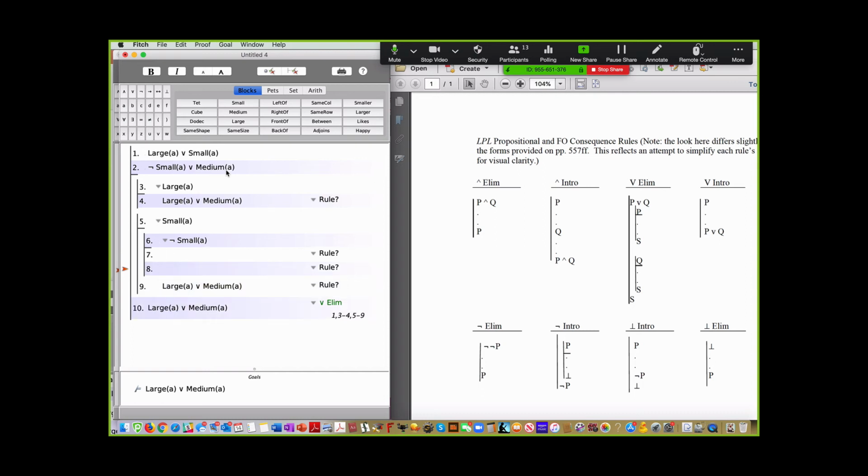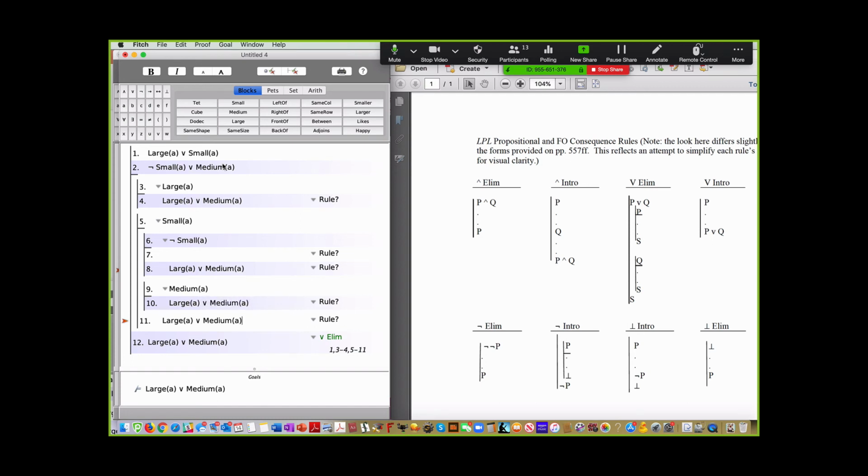And what do we want? We want the conclusion of the argument. And then we assume the right side of the disjunction at line 2. What do we want? The conclusion of the argument.